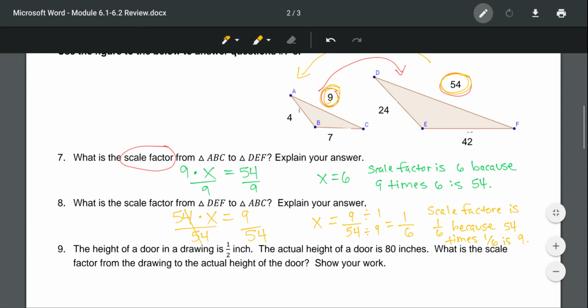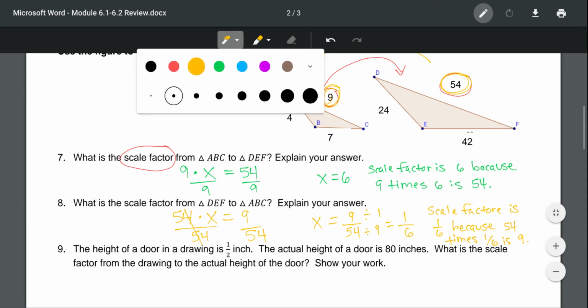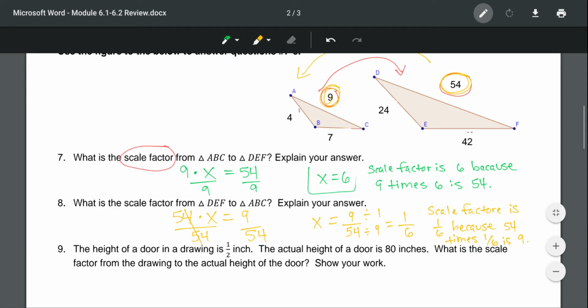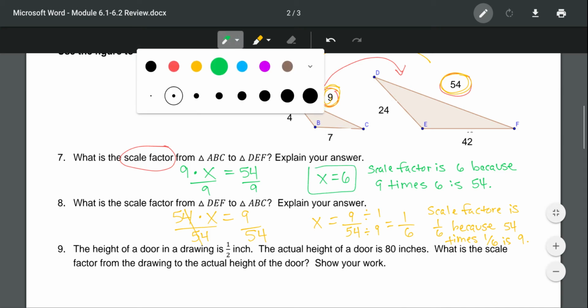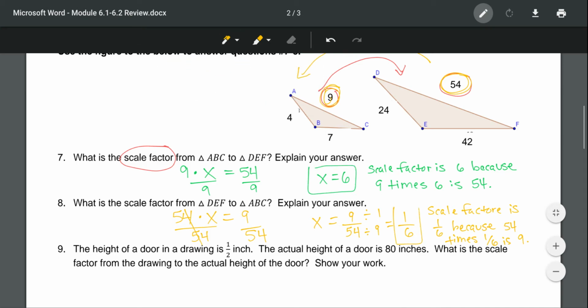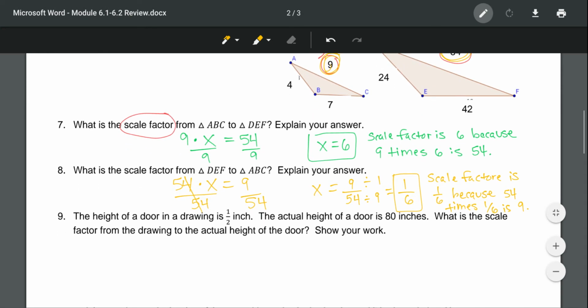Okay, and notice how the scale factors for number 7 and 8 are reciprocals of each other. Okay, so that's how you can check to make sure that you have the correct scale factor for those two triangles.